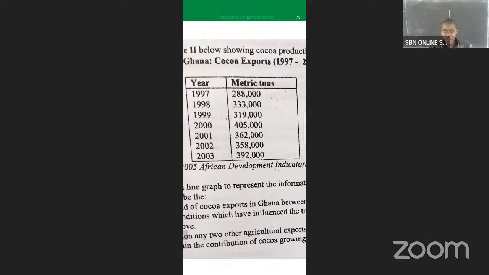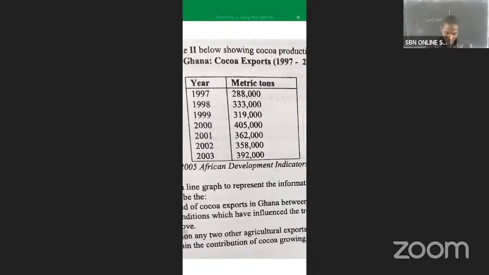When you look at our table, which is the highest? 405,000. So this is the highest, 405,000. Am I clear? That's our highest.